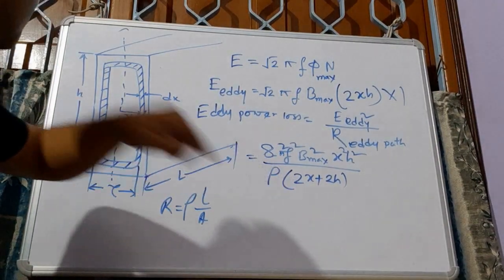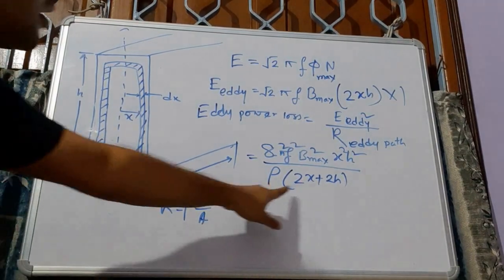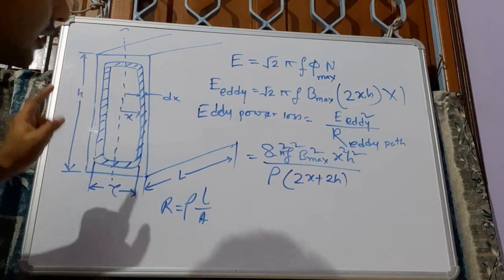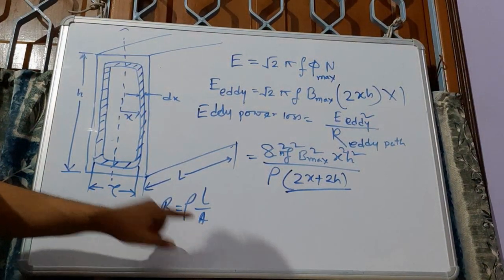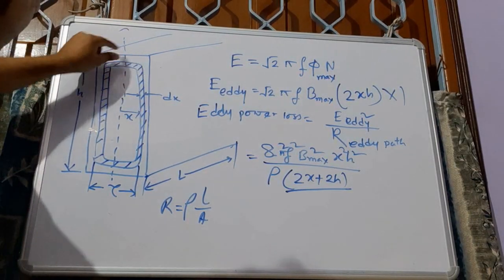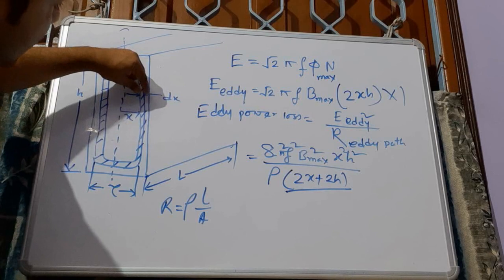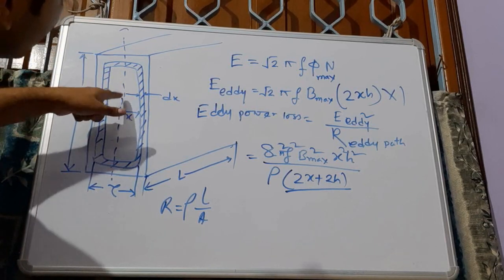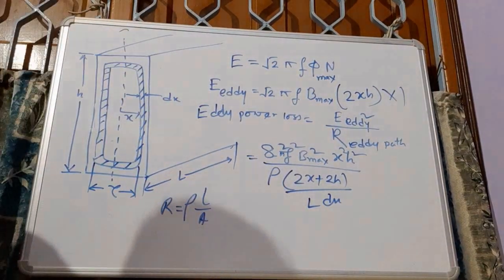This is the length of the eddy path, divided by area. The sectional area of the eddy path is dx, because the width of the area is dx, and the length is L, so L into dx, right?